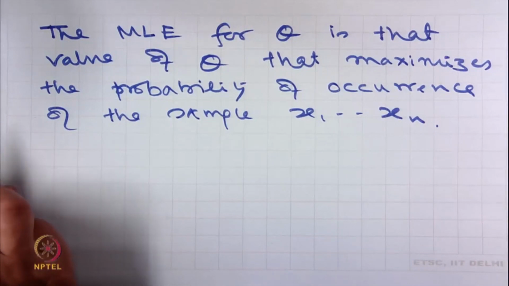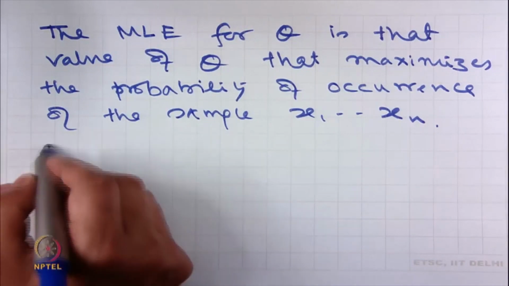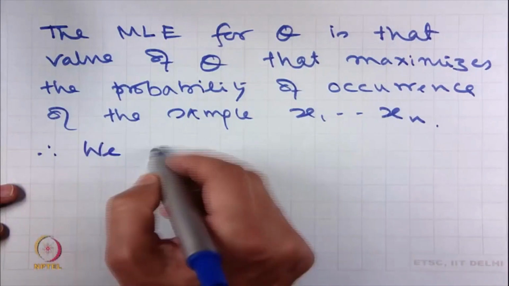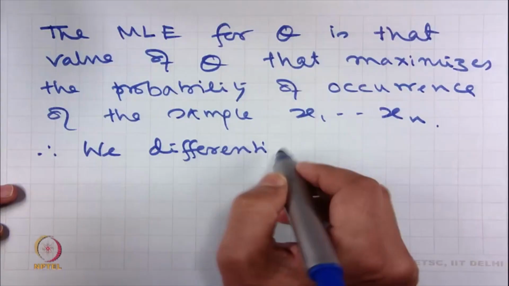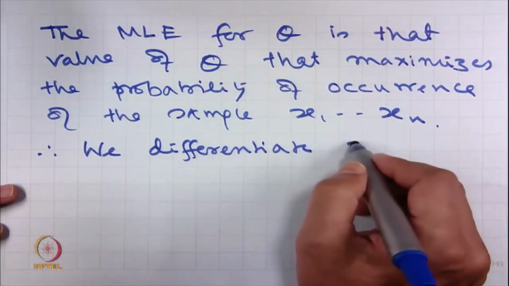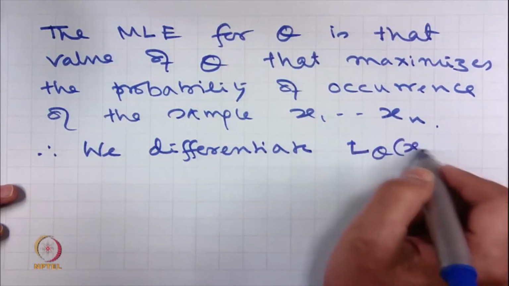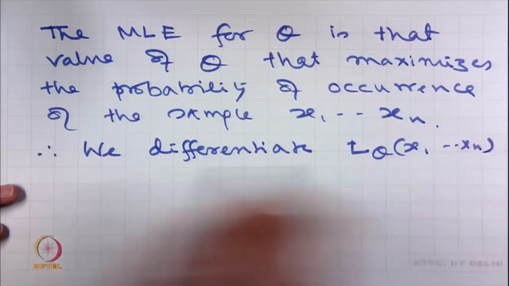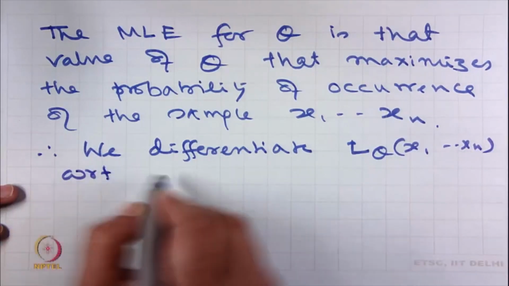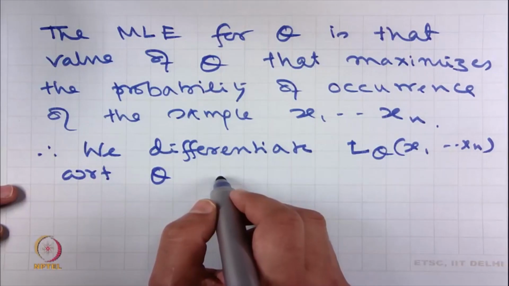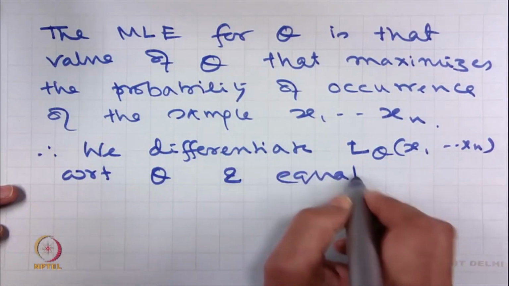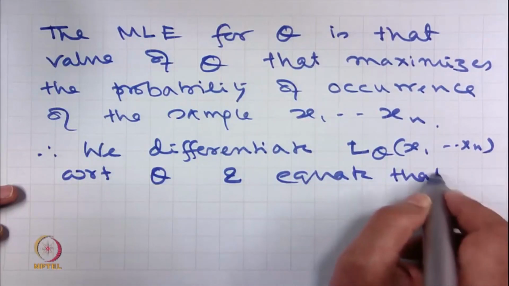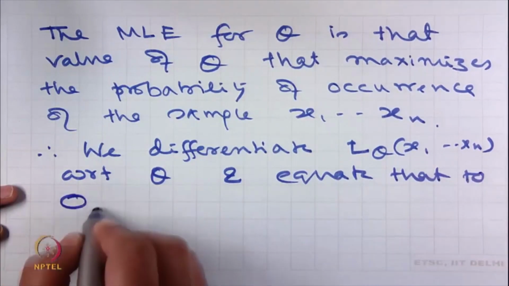So, how to obtain that? Therefore, we differentiate L theta of x1, x2, xn with respect to theta and equate that to 0.